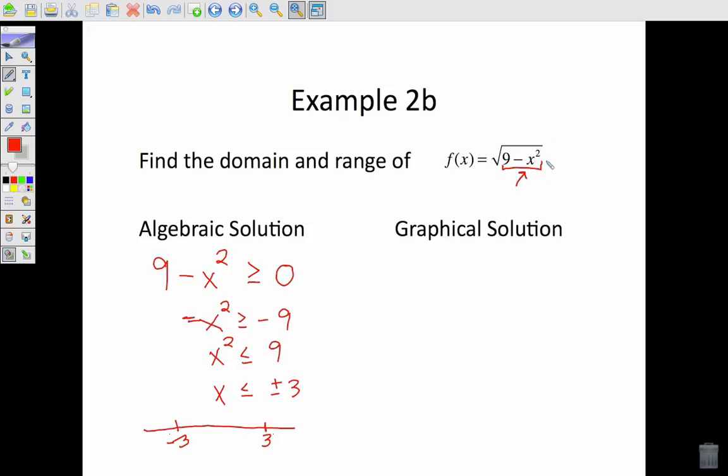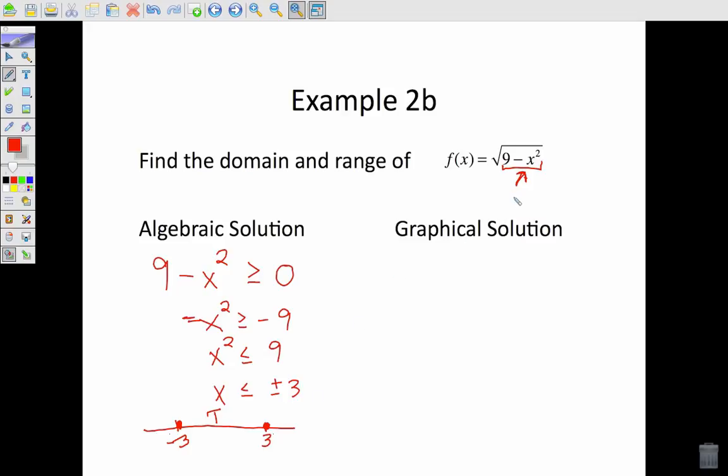If you put both 3 and -3 in here, you get 9 minus 9, which is 0. Those are okay, but what about between them? So let's put 0 in. If you put 0 in, 9 minus 0, we can take the square root of 9. So this is all true in here. And -3 was okay. And +3 was okay.